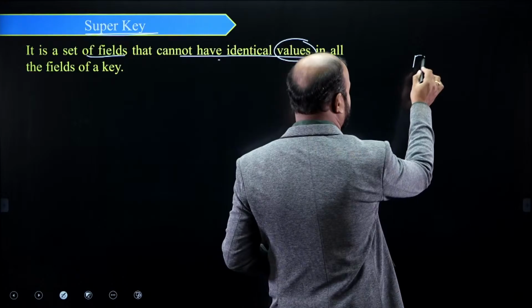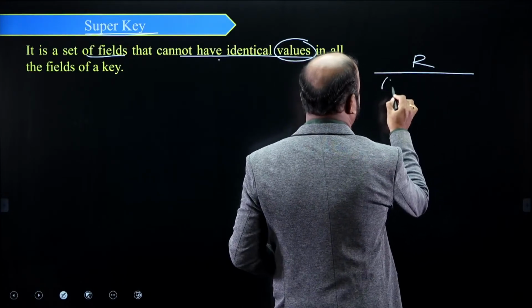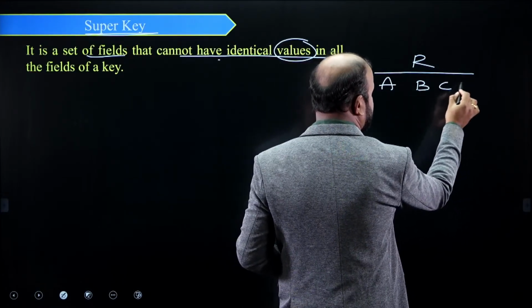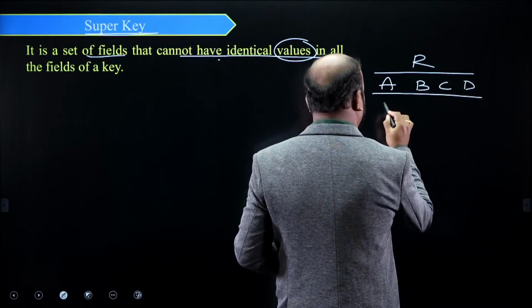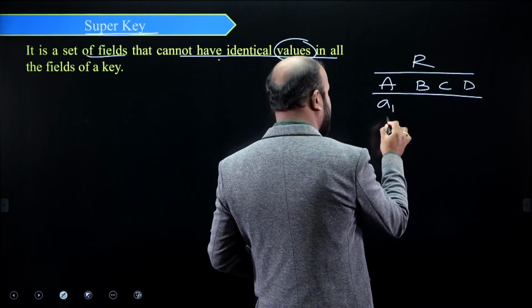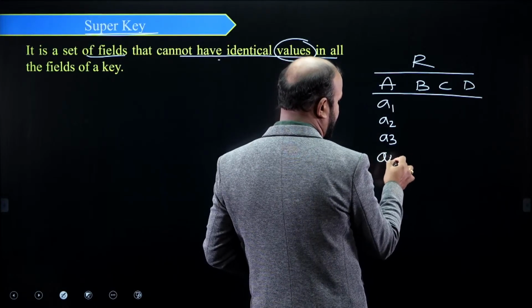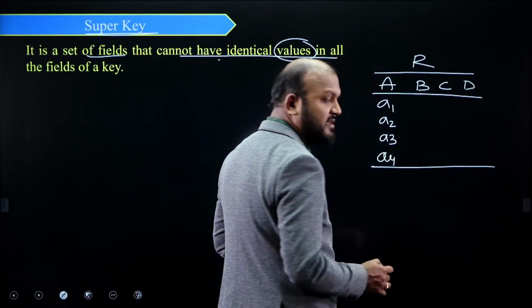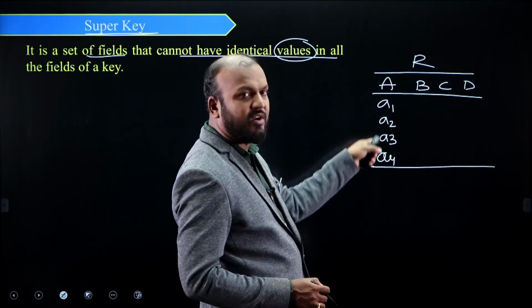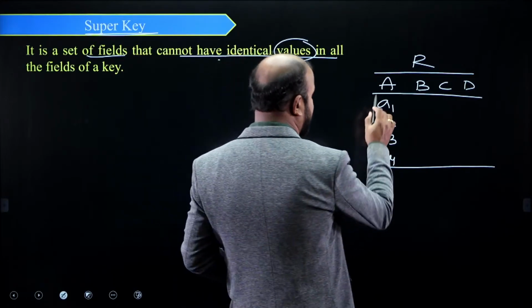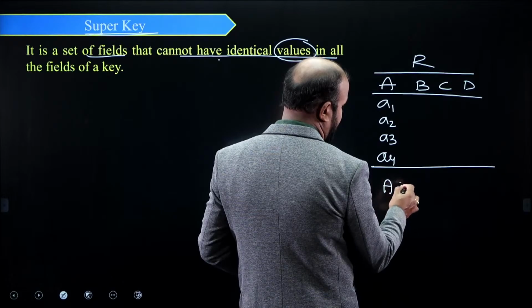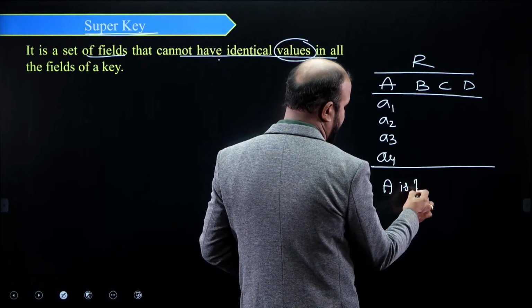Suppose I do have a relation R having some attributes A, B, C, D. Now A has some tuples, A1, A2, A3, A4, right? So do we have any duplicates in the column A? No. Then I can call A a key. A is a key. Generally we can call it super key.